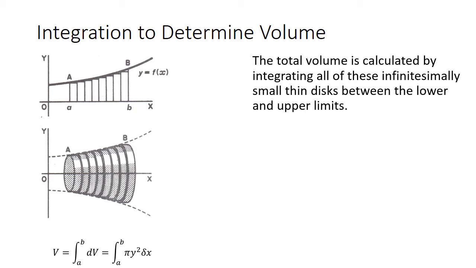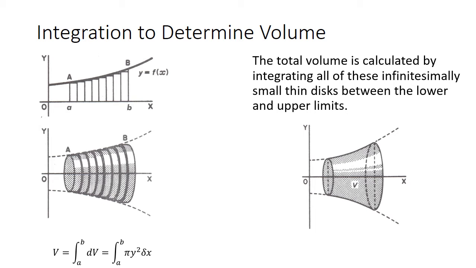Of course, as delta x goes to 0, these disks will become thinner and thinner, and the volume will transform into the smooth volume that you see here. So the correct integral that we use is V, for the volume, is equal to the integral from a to b of pi y squared dx.